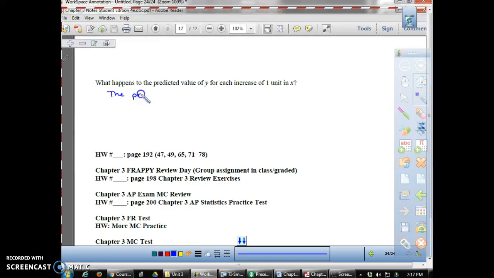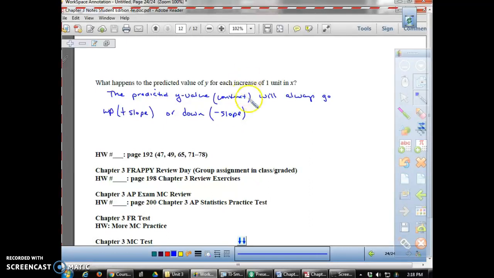So the predicted y value in context, so whatever it is you're trying to predict, will always go up, and that's for a positive slope, or down, and that's for a negative slope, the amount of the slope, or the value of b.